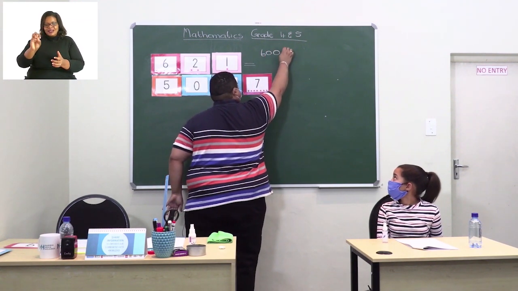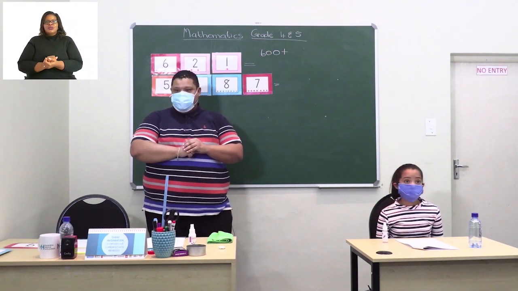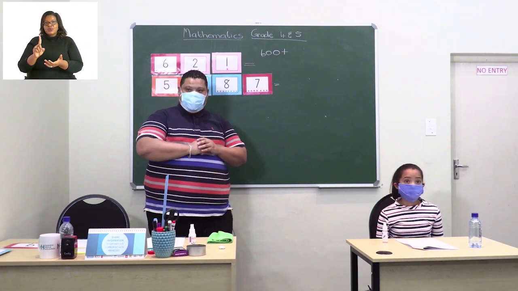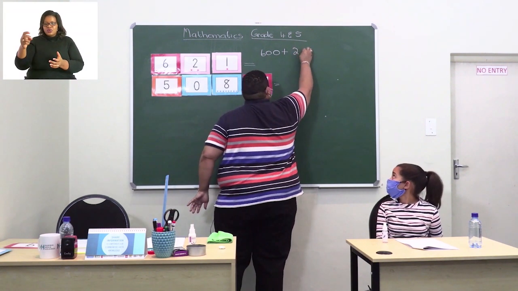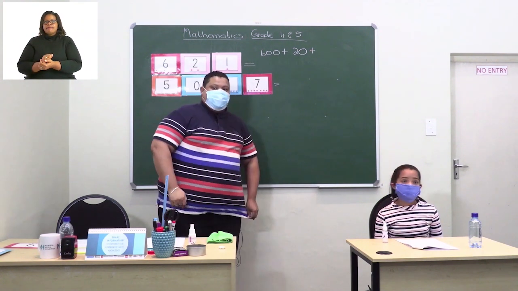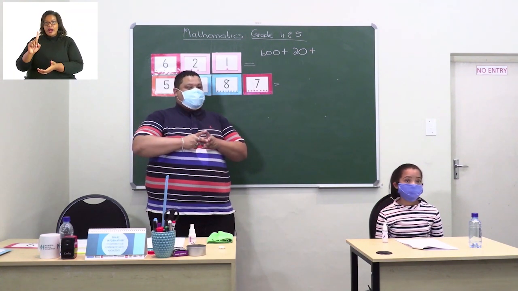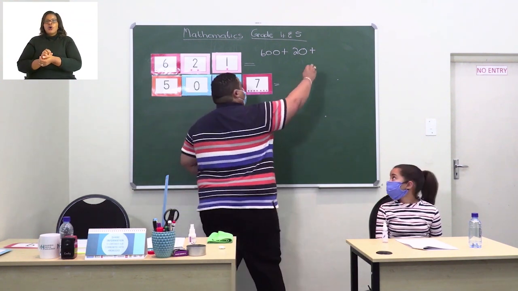So we write 600 plus. What is the value of the 2? The 2 is in the place of the 10, and that means the value is 20. Plus the value of the 1. The 1 is a place of the units, and that gives it a value of 1.